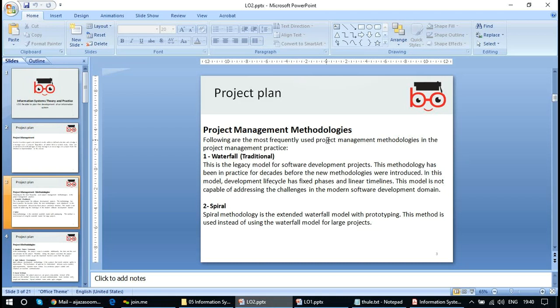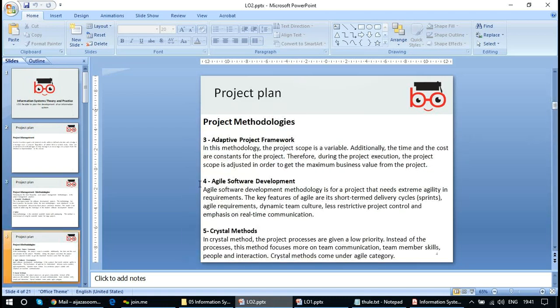If you are going to plan and implement the designing of the information system, then you need to follow the project management methodology. You have lots of options like waterfall, spiral, if you remember.